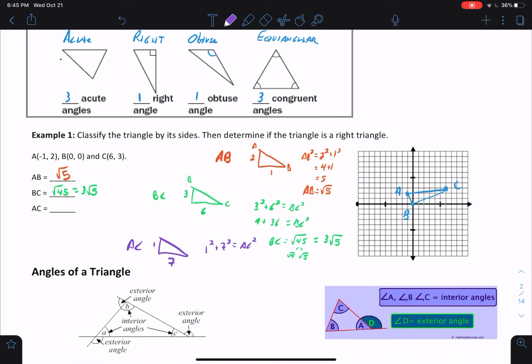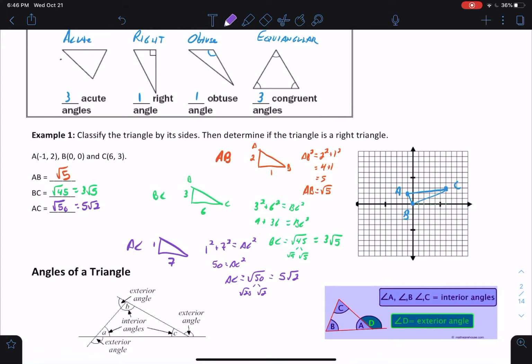That's 1 plus 49, or 50, equals AC squared. So AC is the square root of 50, which is equal to 5 square roots of 2.